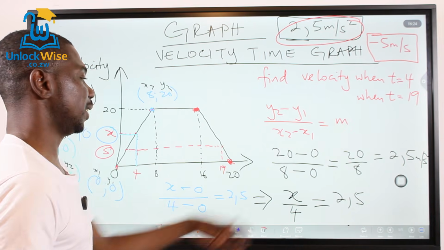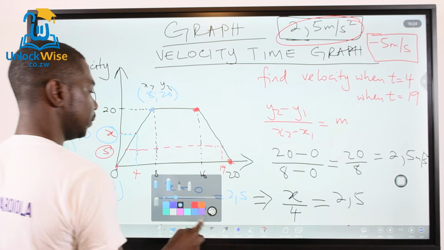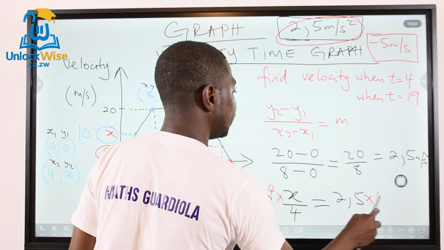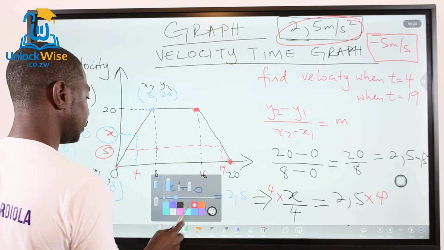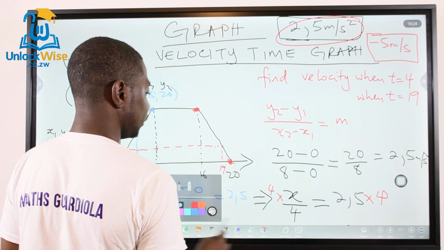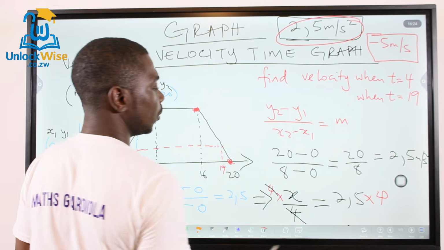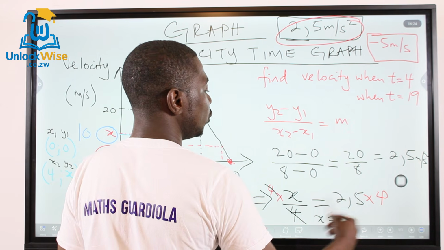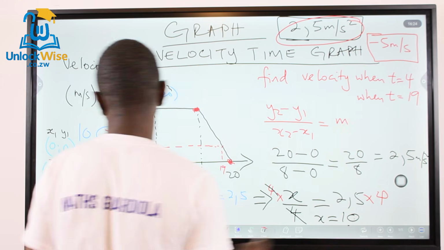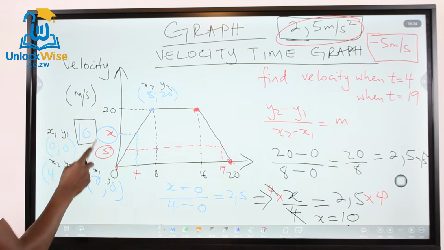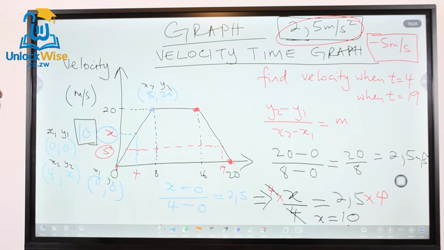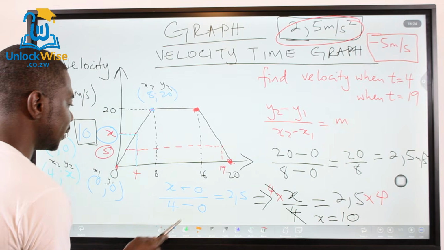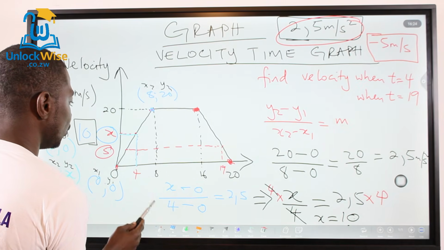If you multiply both sides by 4, this one and this one will cross each other out. So x is equal to 2.5 times 4. 2.5 times 4 is 10, which is actually this one. Right? And let me clear the side so that I can explain this clearly and you understand it.